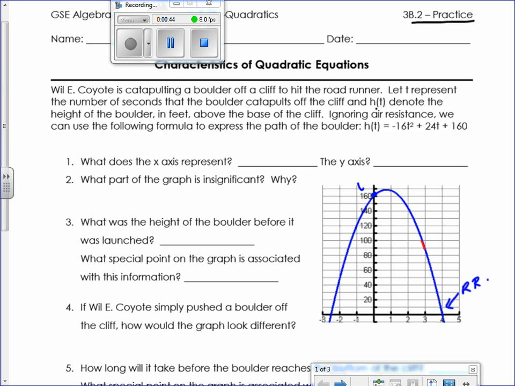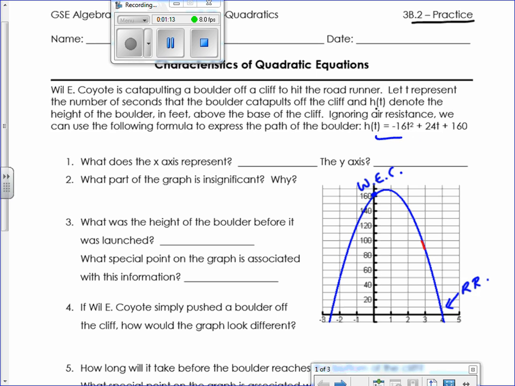As always, he's always trying to get the roadrunner. It says here that T represents the number of seconds that the boulder catapults off the cliff, and H of T denotes the height of the boulder in feet above the base of the cliff. Ignoring air resistance, we can use the following formula to express the path of the boulder.